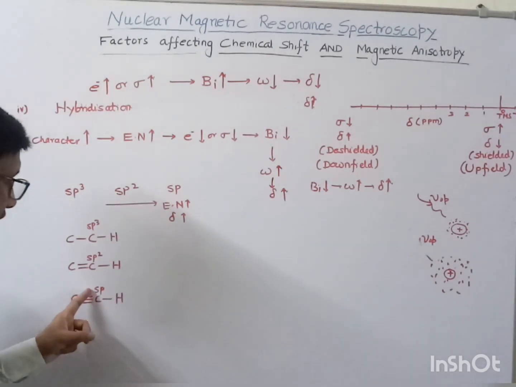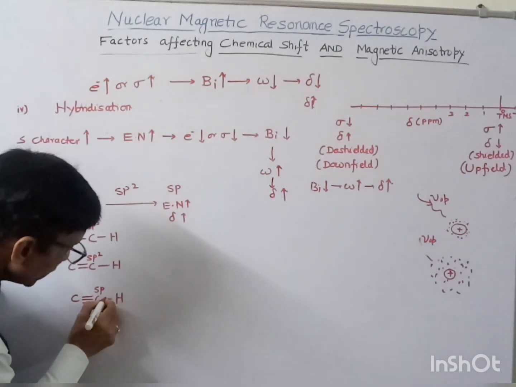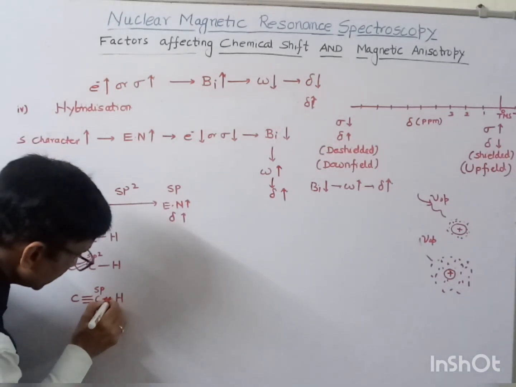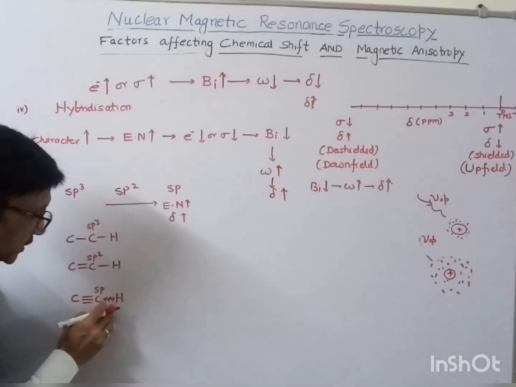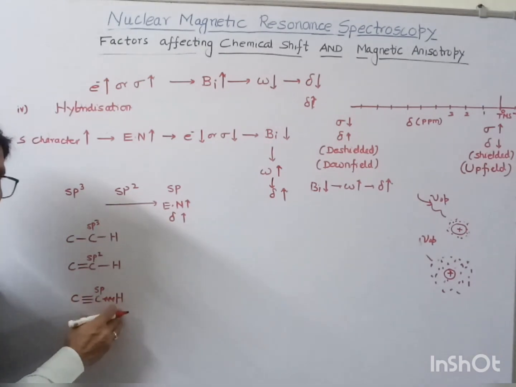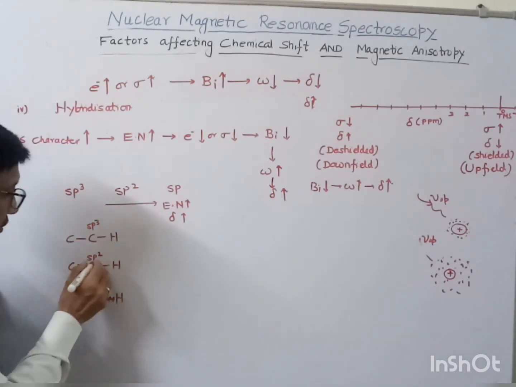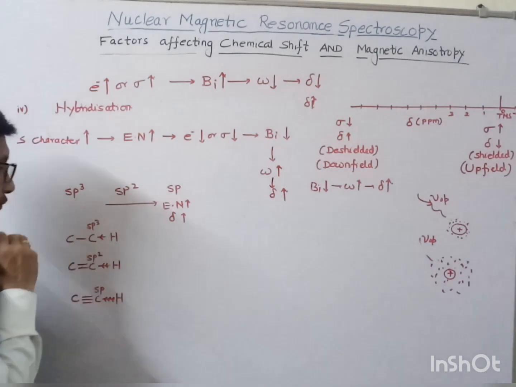This carbon has the highest electronegativity, so it will pull the electron density surrounding the proton. This carbon will decrease it less, and this carbon will be the least.